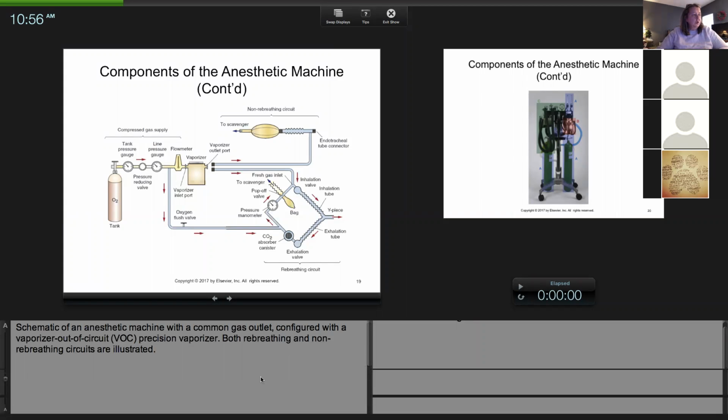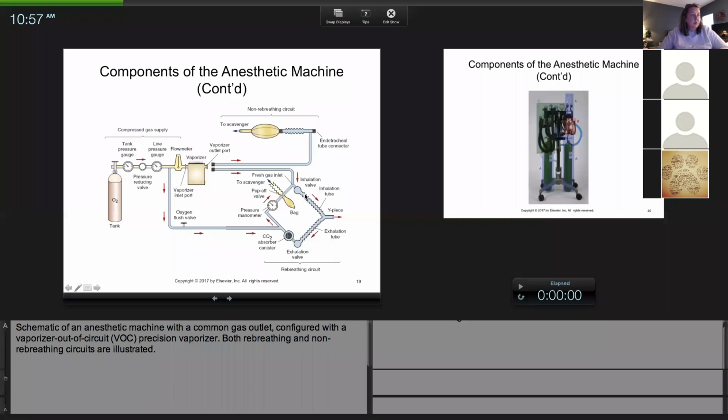Here's a note about a vaporizer out of circuit, which is also known as a precision vaporizer. The old anesthetic vaporizers used a long time ago were called non-precision vaporizers, or vaporizers in circuit.